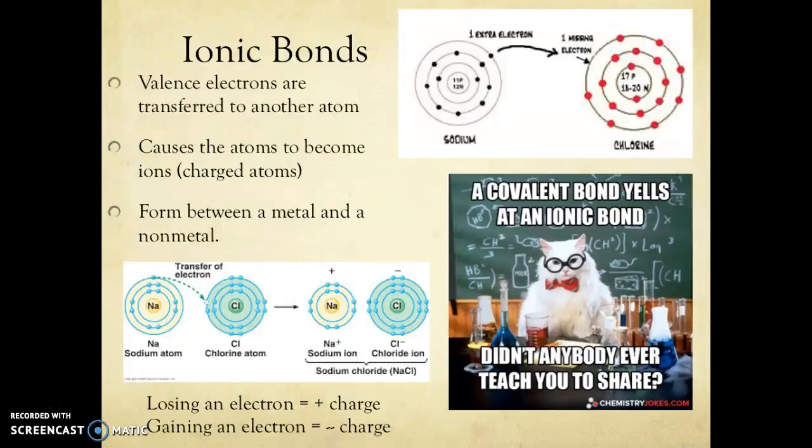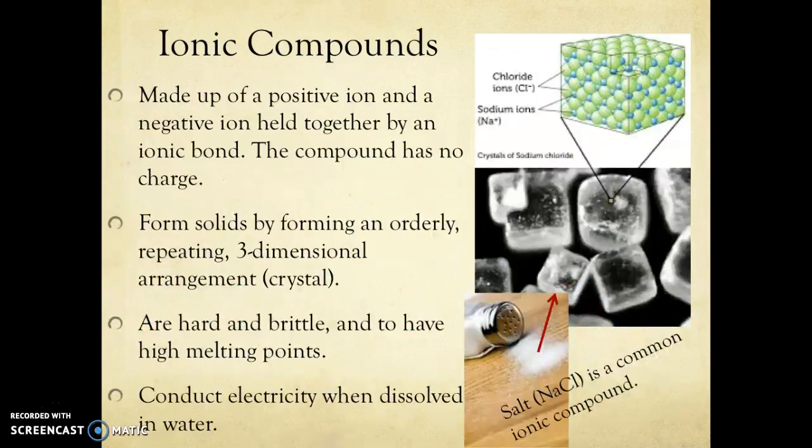Ionic bonds will form between a metal and a nonmetal. And there are several types of ionic compounds, which we're going to talk about. So ionic compounds are made up of a positive ion and a negative ion held together by an ionic bond. Now, like I said, ions have a charge.